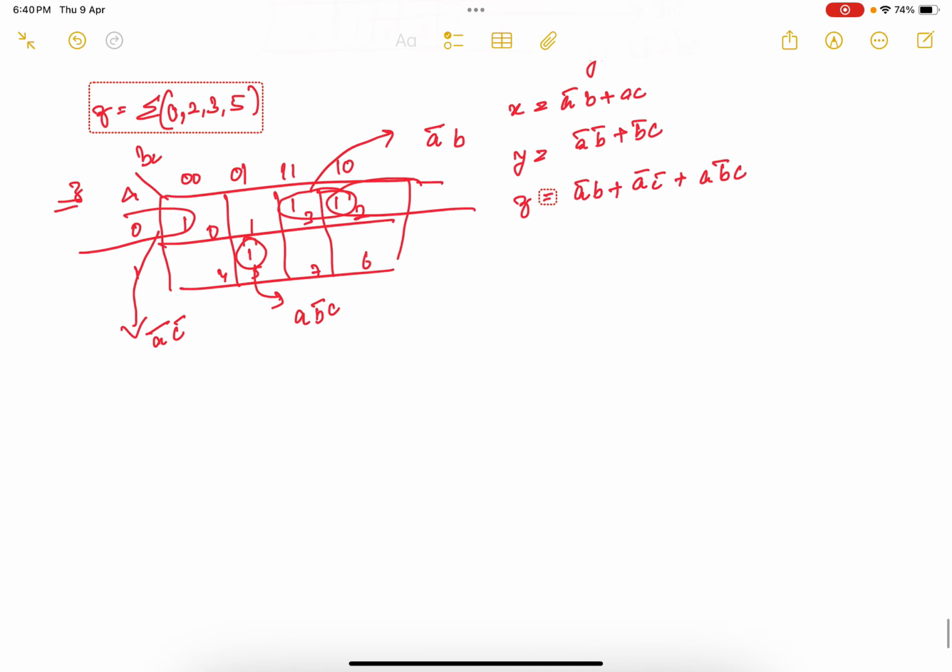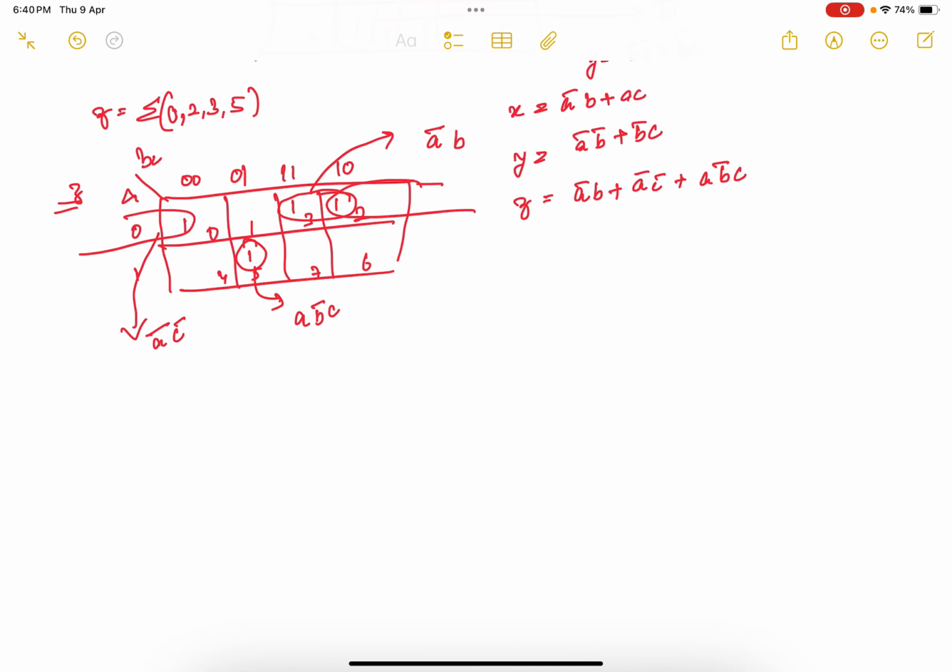Now we want to check how many terms and how many variables there are. First of all, there are three variables: A, B and C. And how many terms are there? A bar B is one term.